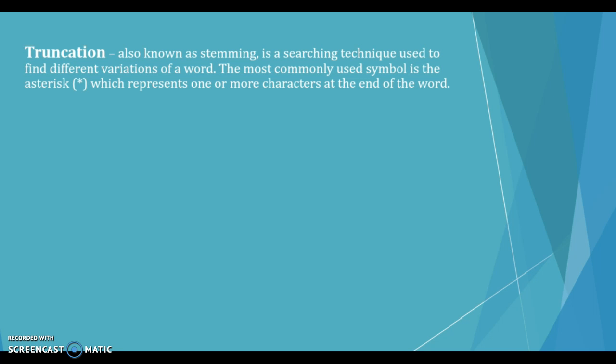Let's take a look at some examples. As you can see here, in an effort to find the different variations of the word library, I have truncated the word by removing the letter Y from the end of the word and replacing it with an asterisk. This way, I am able to broaden my search so I can find any and all information that is library related.